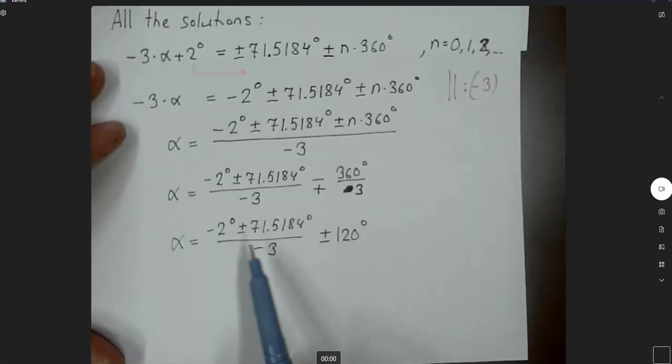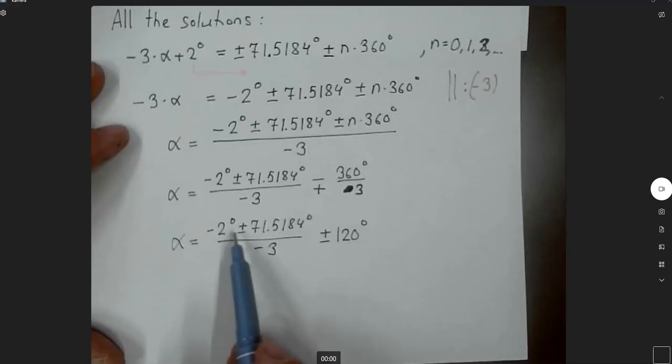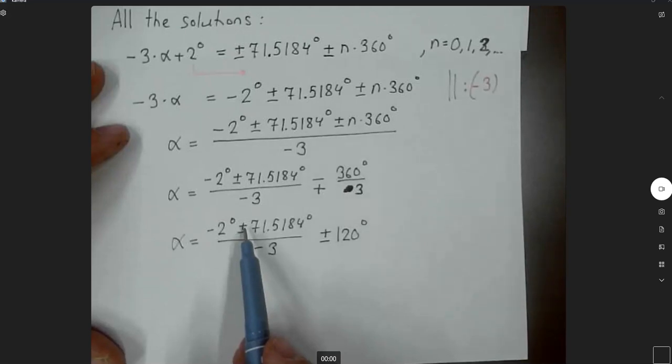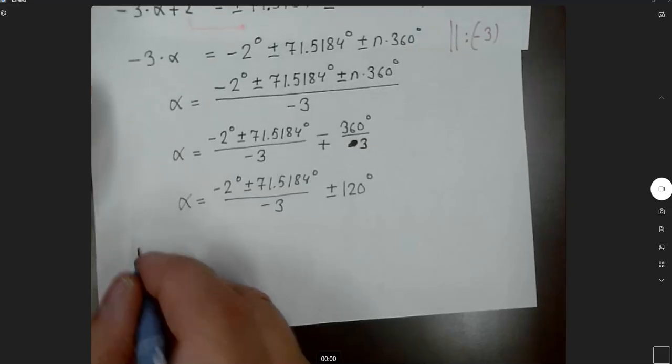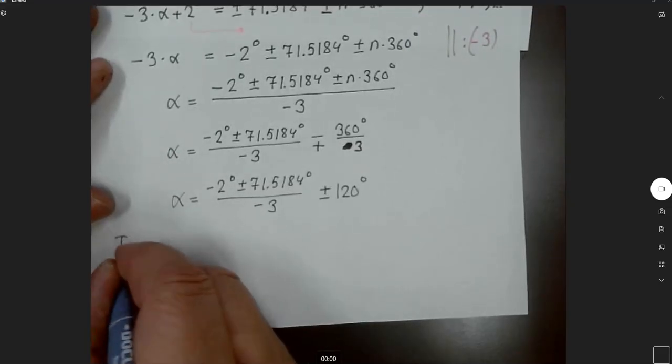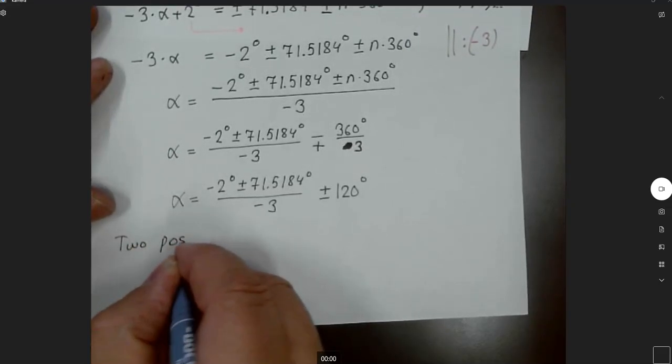And then there will be two possibilities. I will first calculate what I get if I take the plus sign there, and what I get when I take the minus sign there. Two possibilities.